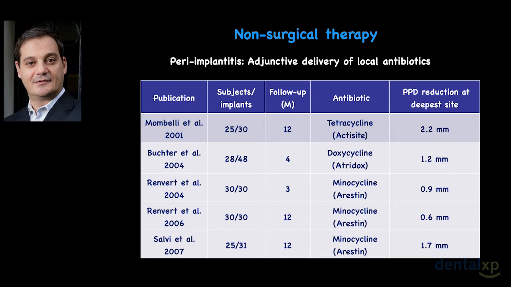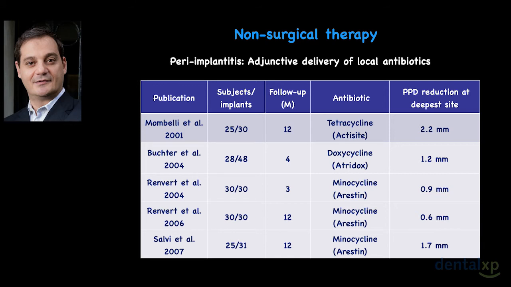And again, the assessment was based on pocket depth. As I said, pocket depth is not an accurate measure in implant dentistry because it differs due to the forces and also the anatomy around an implant. So yes, there is some resolution, in my opinion, but that was resolution of the inflammation around an implant.